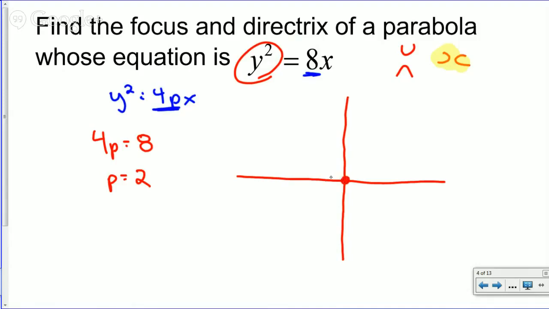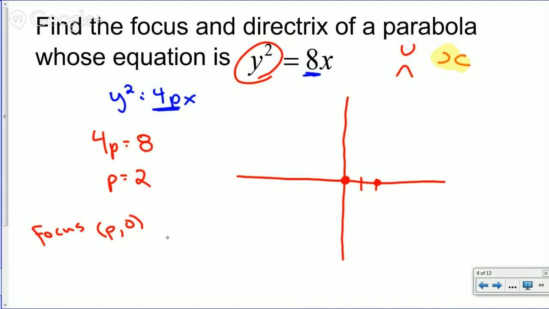It's 0, 0. And it's going to open left or right. If you look at that sheet, it says that the focus is at P, 0. Okay, so P is 2. So we'll have 2, 0. So 1, 2, 0. So it's opening in this direction.